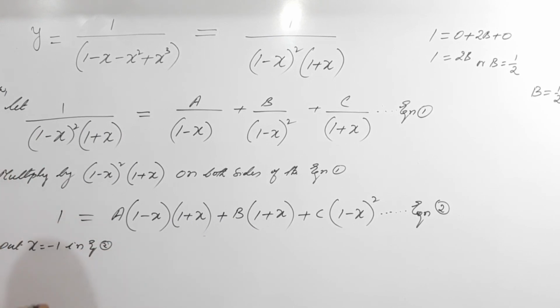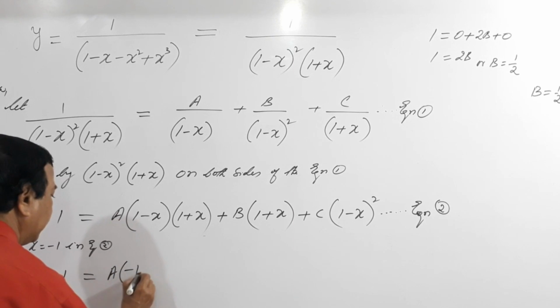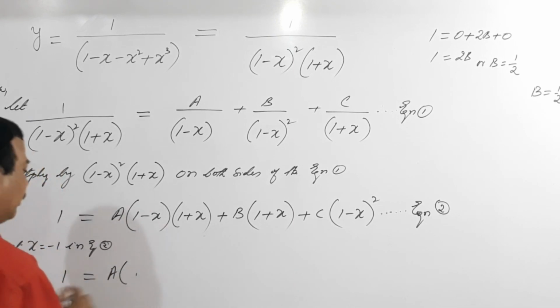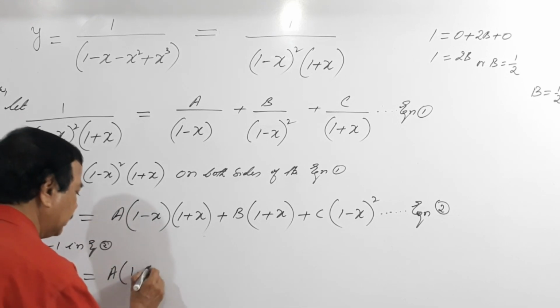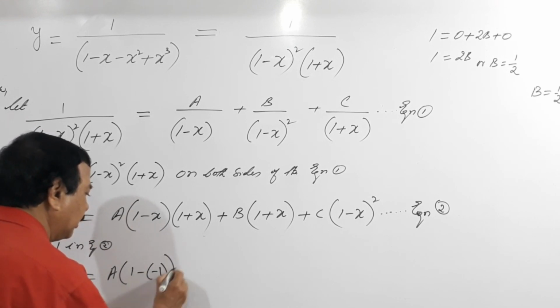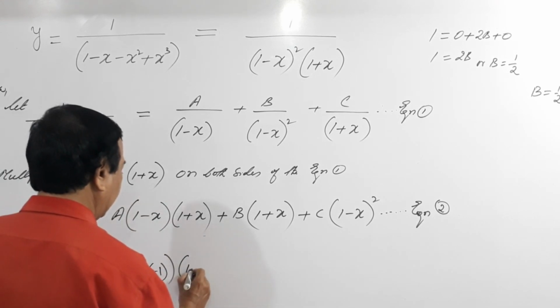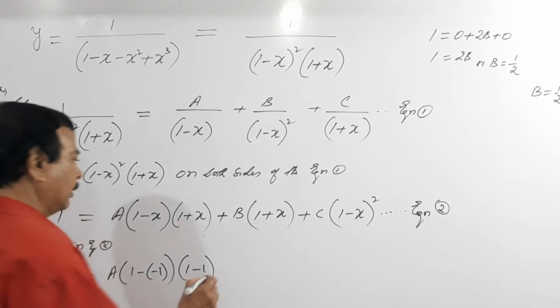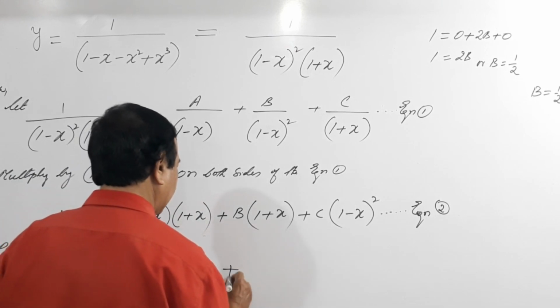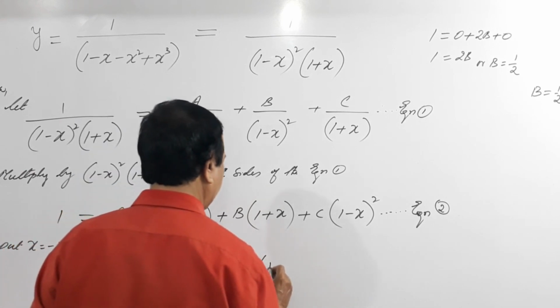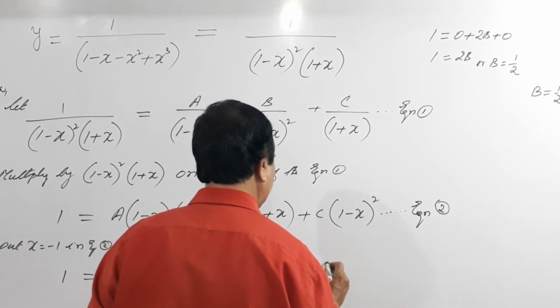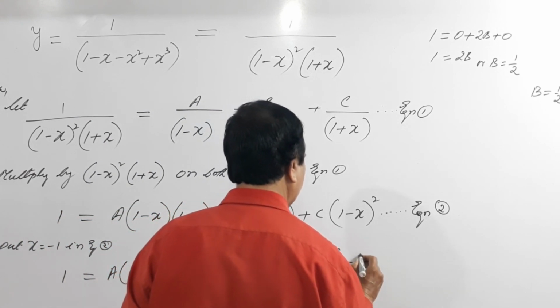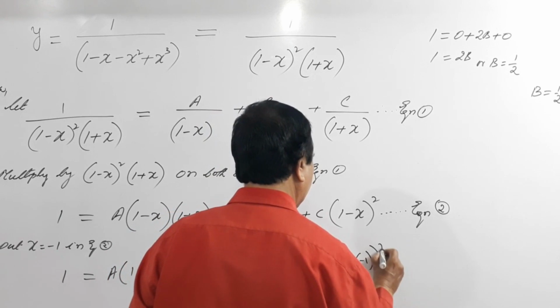So here what happens? 1 equals to a into (1 minus 1), sorry, that is 1 minus (minus 1) into (1 minus 1), okay, plus b into (1 minus 1), plus c into (1 minus of minus 1) the whole square.